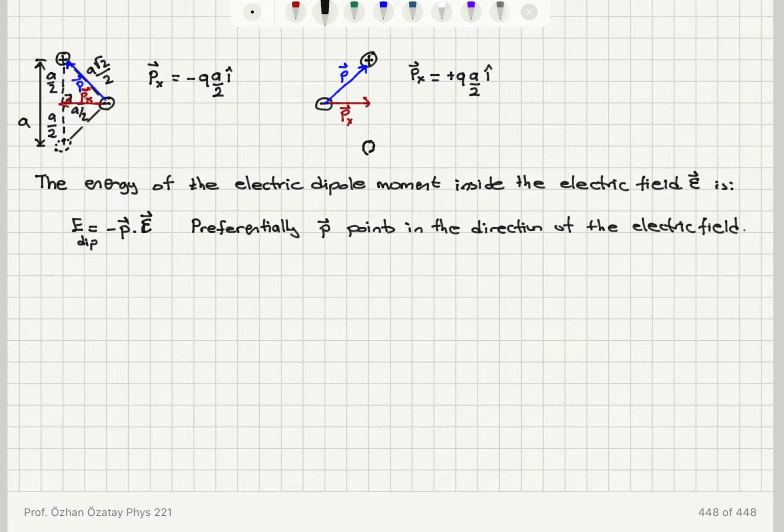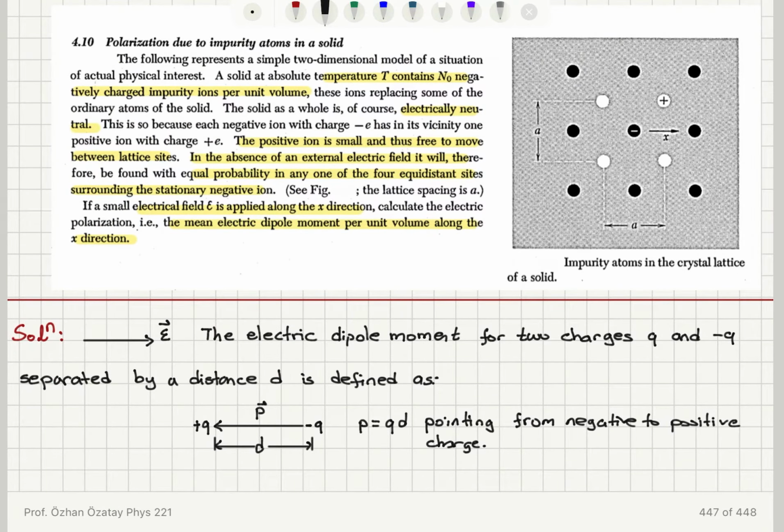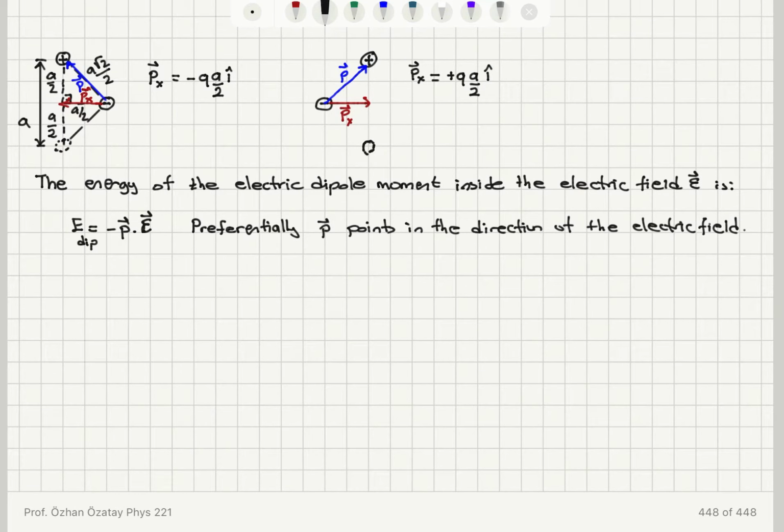And you can understand why this is so, because if you go back here, if you have the electric dipole moment vector pointing from minus q to plus q, so if you put a minus charge here and a plus charge here, and your electric dipole moment points from minus to plus, and you place this inside an electric field epsilon, the electric field always points from a positive charge distribution to a negative charge distribution.